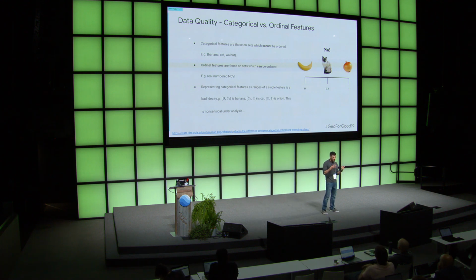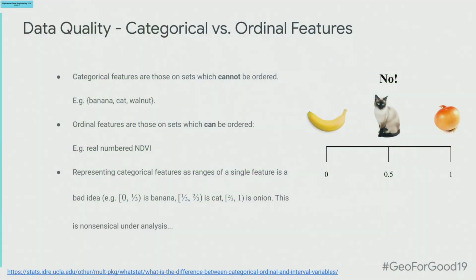Okay, so we're talking about inputs, ways that we pre-process, ways that we improve the performance of our model just with data quality, right? And again, for some of you, this might be super obvious, but it's worth talking about. And this is categorical versus ordinal features, right? Ordinal features are easy. I put the descriptions in the wrong order, but we'll start with categorical because it's on the slide. Those are features which you cannot put in any order, right?